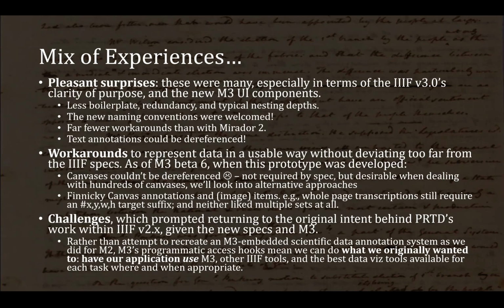It opened up other internal conversations, say with conservators, and the potential for more external researchers, because we are now more compliant with the IIIF spec rather than needing to use an internal embedded annotation system.